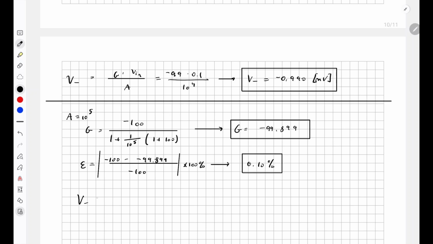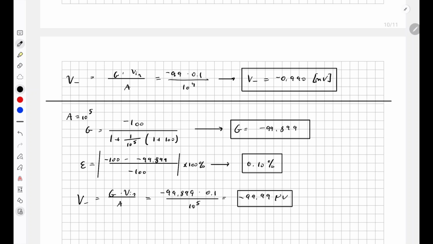And lastly, V minus is equal to G times V in divided by A. So we can plug in G times V in divided by A, which is equal to negative 99.99 microvolts, I think.